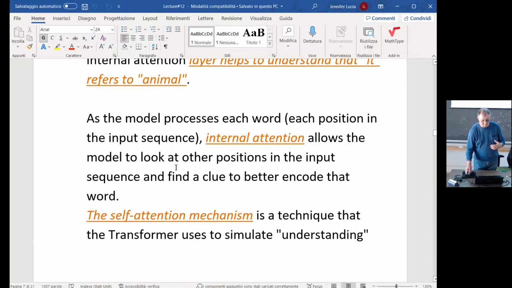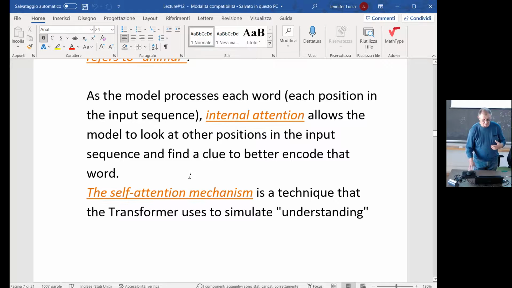As the model processes each word, each position in the input sequence, internal attention allows the model to look at other positions in the input sequence and find a clue, a hint, to better encode that word.